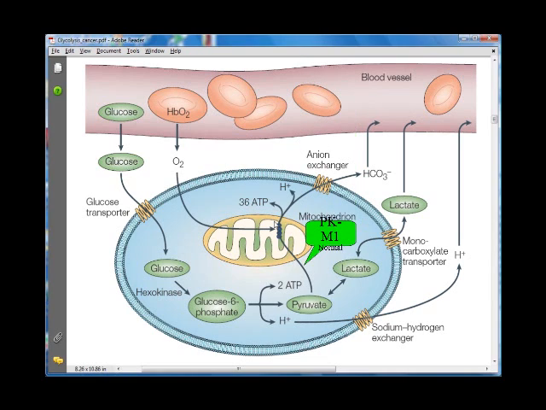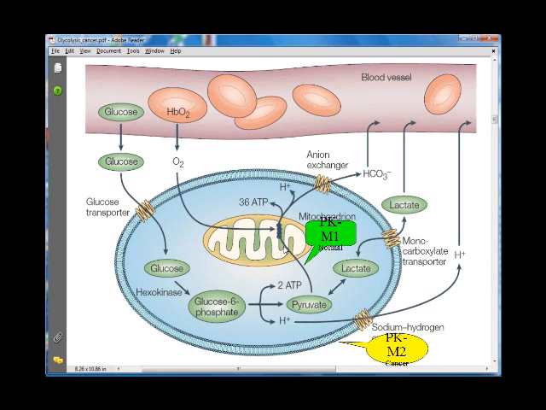Yes, we do have a traffic light. Here is PKM1. That's a molecular switch. This is for the normal cell. If it's PKM1, this is a normal cell, so the pyruvate will go this way. That's normal, it's good. It should be that way.